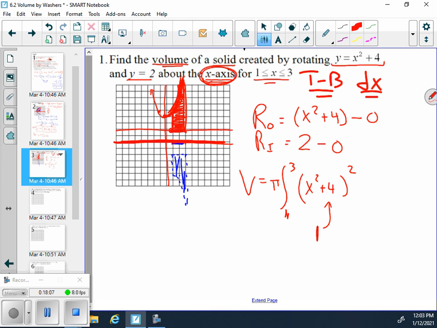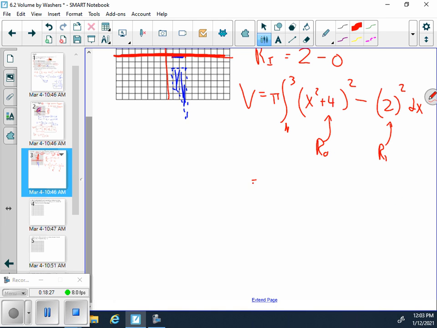Remember, this is the radius of the outer. And then we're going to subtract off the radius of the inner, which is 2 minus 0, squared. This is the radius of the inner squared, dx. If we can solve that, we have what that volume is going to end up being.